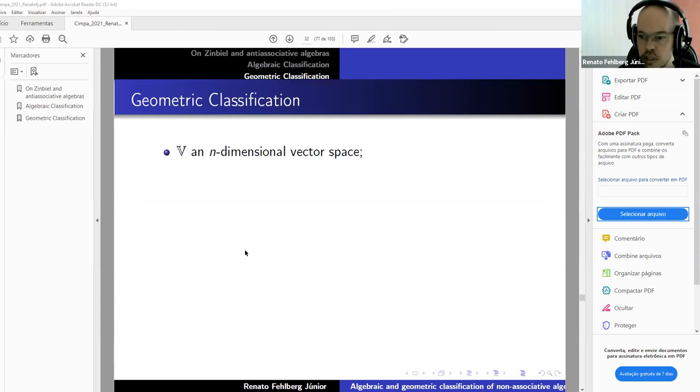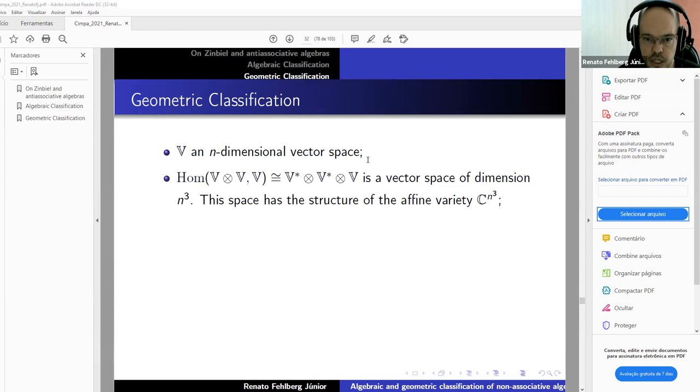Now let me talk about the geometric classification. So we continue considering V an n-dimensional vector space. This space Hom has the structure of an affine variety, C^(n^3).